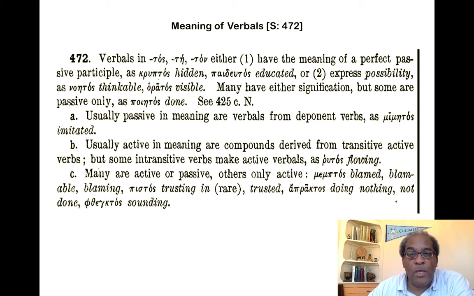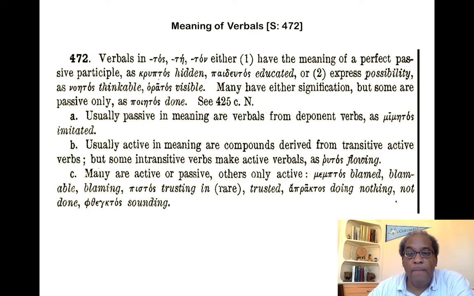Now A. Usually passive in meaning are verbals from deponent verbs, as mimetos, which means imitated. So it comes from a deponent verb, therefore it's usually passive. B, usually active in meaning, are compounds derived from transitive active verbs, but some intransitive verbs make active verbals, as rhutos, from rheo, flowing.